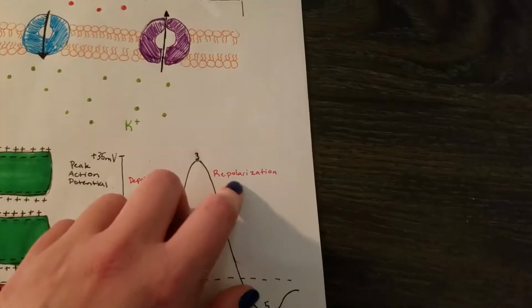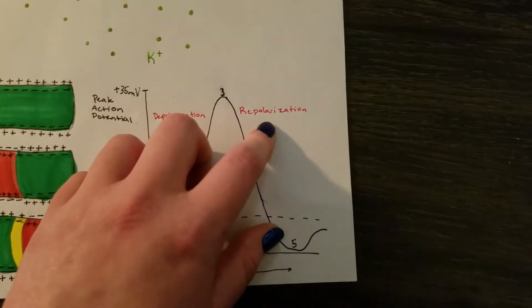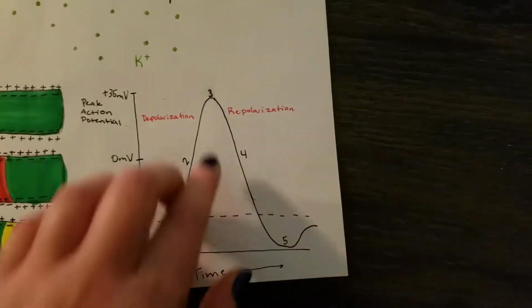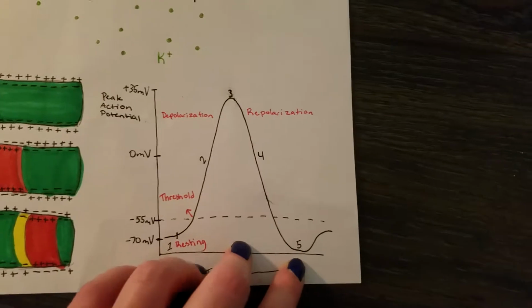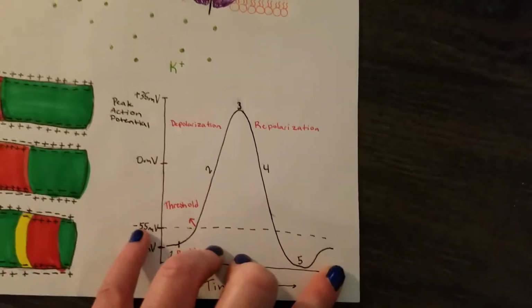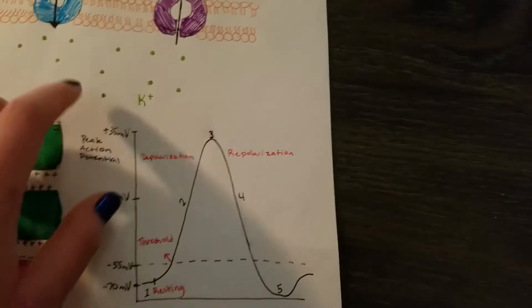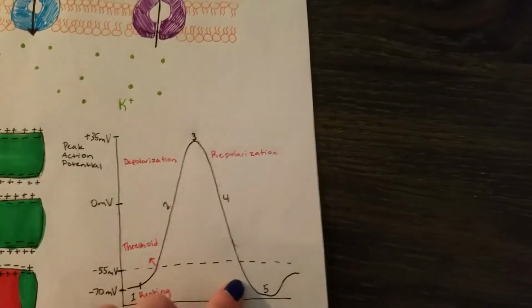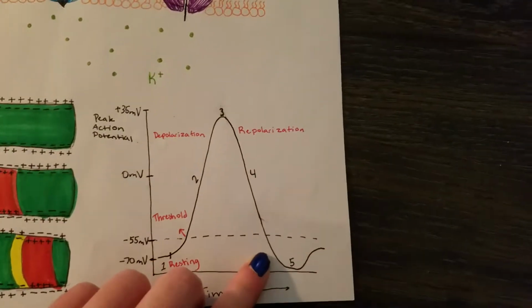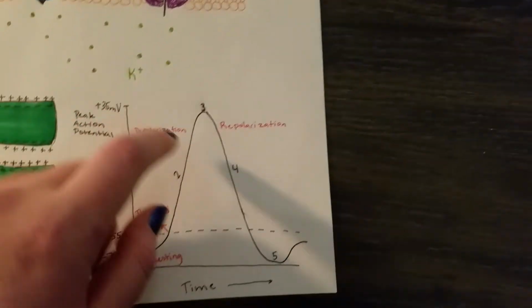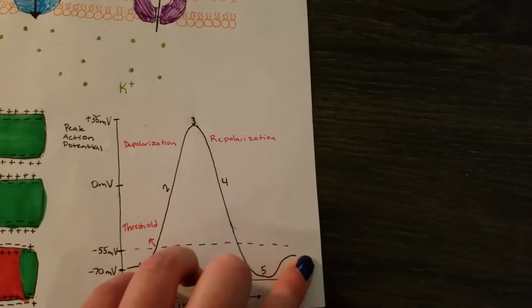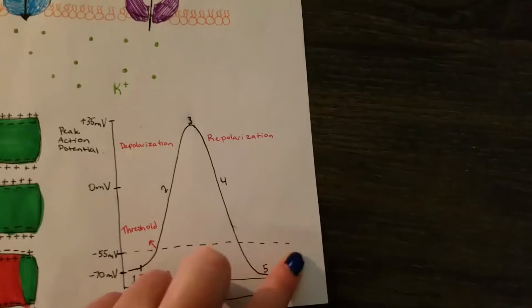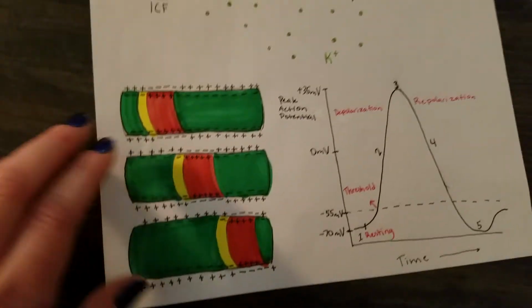And this process is called repolarization. And at that point, when it's below its resting membrane state, it goes back up. At that point, the potassium gates close, and that means it's going into recovery, and then it goes back to negative 70 millivolts.